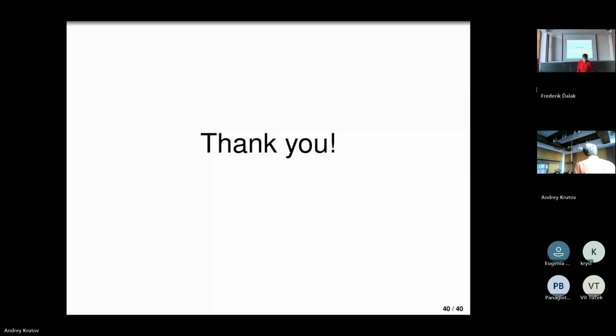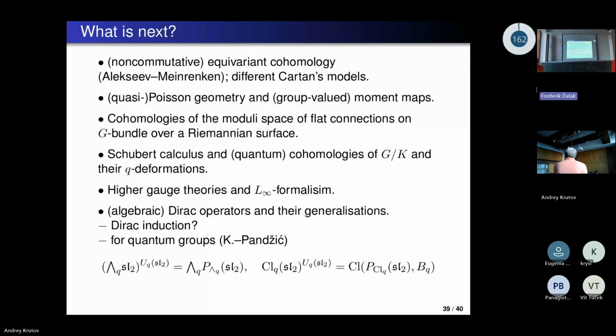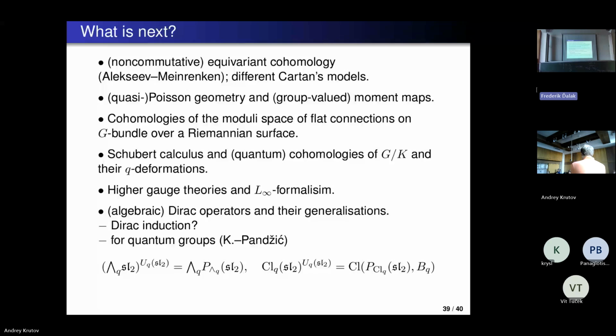Can you say something about this? I think it connects to multiple of those. So here you said quasi-Poisson geometry and Lie spaces, and also gauge theories. Can you say morally how the quantum Weil algebra or the relative case should fit in? Well, for the relative case, I don't know how to.